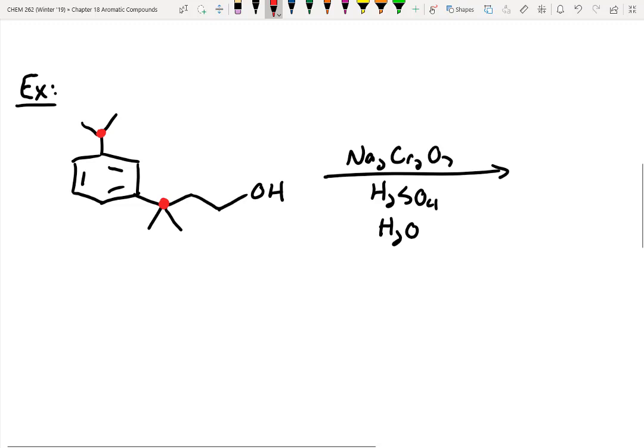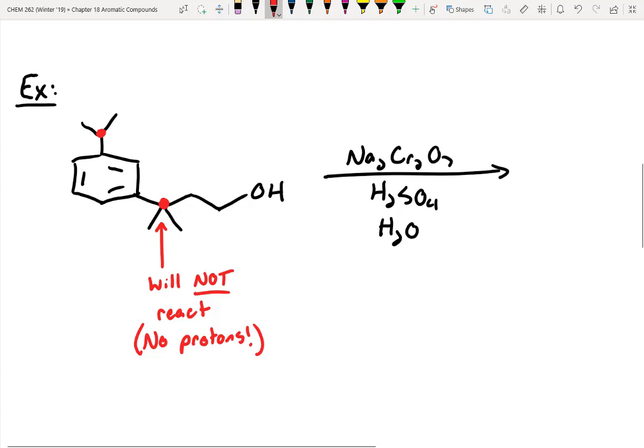Which one won't? Bottom one won't? Why? No protons. So let's make a note of that. So will not react because there are no protons. All right, the top one definitely will.